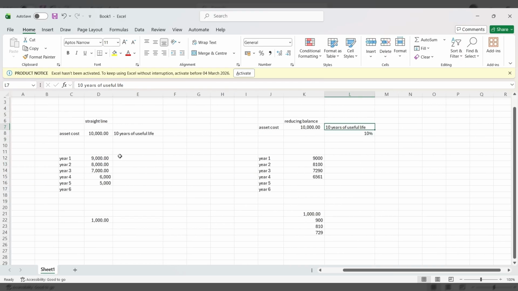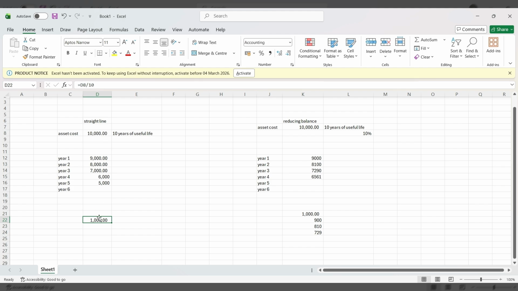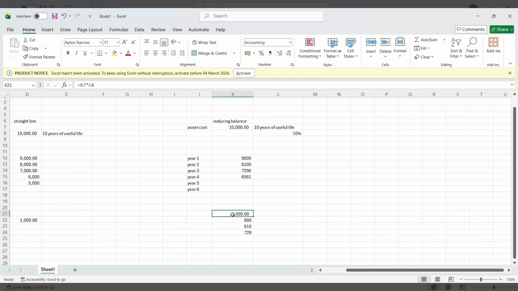Unlike straight line, where there's a constant depreciation across all 10 years of useful life, here in year one there's 1,000 of depreciation expense, but as time goes on, there's less. That is why certain companies, particularly for plant and machinery, which could possibly last a long time, but during its first 3 years, for example, we would expect to see more depreciation.